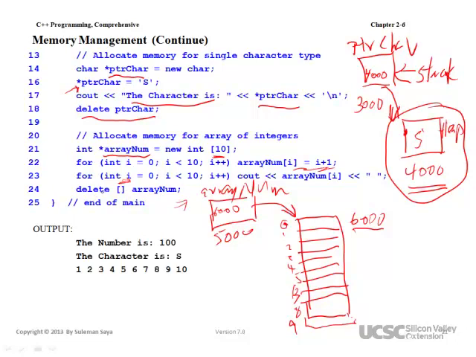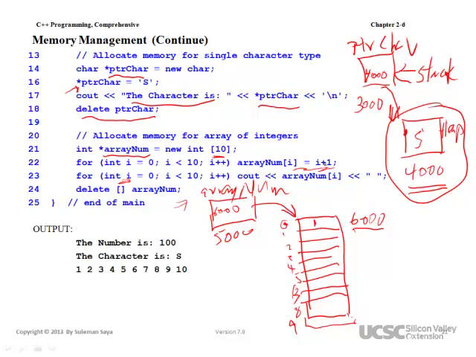So basically in this first for loop, all I'm doing is initializing every element of the array with some integer value.